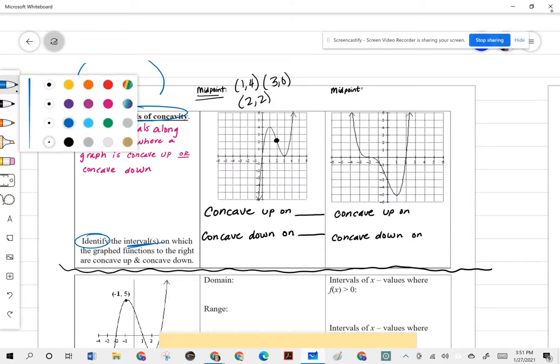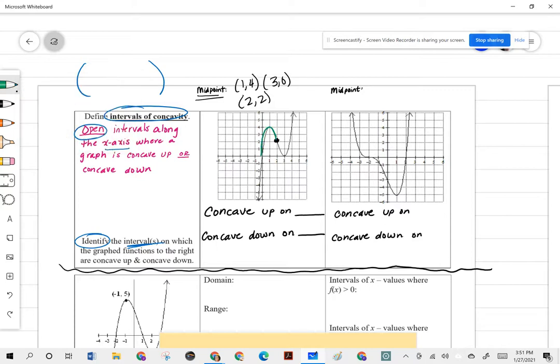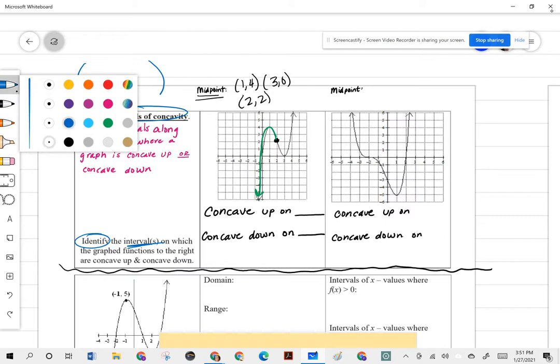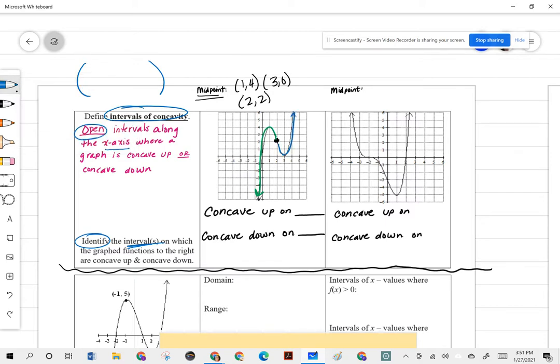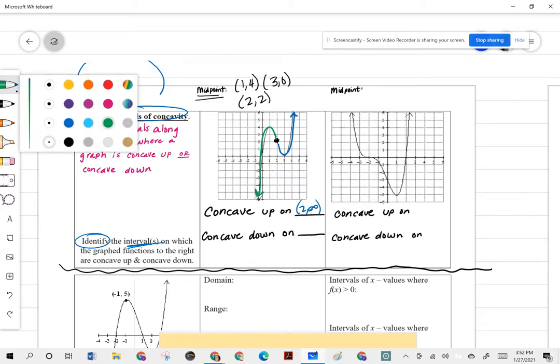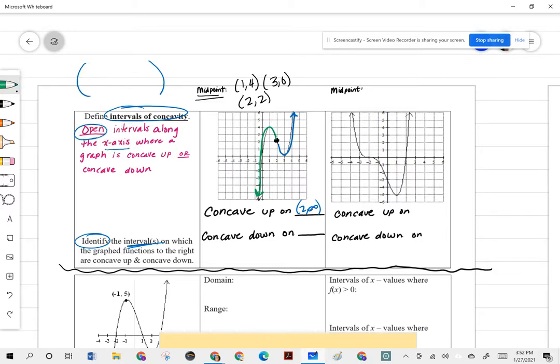So again, if it's a portion of a coffee cup kind of a thing, you should be able to see where it's concave up or concave down. So concave up on the interval from 2 to infinity, and it is concave down from -infinity to 2. Okay.